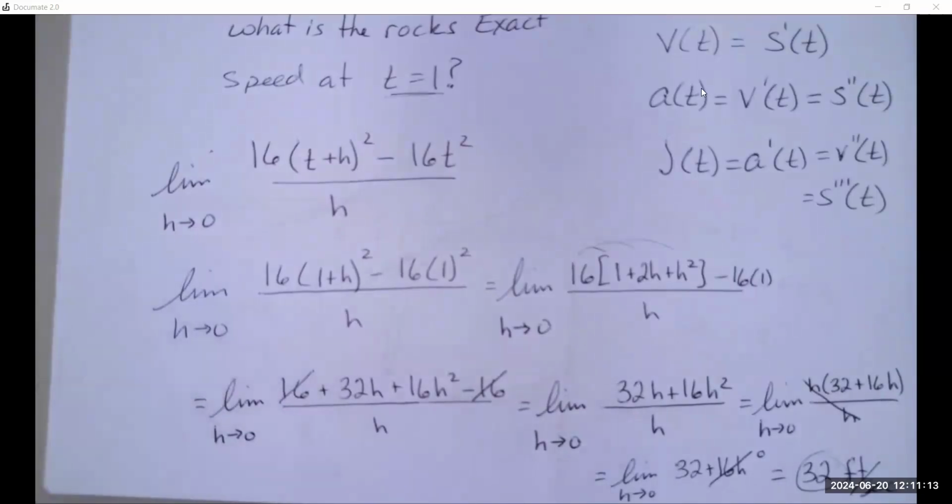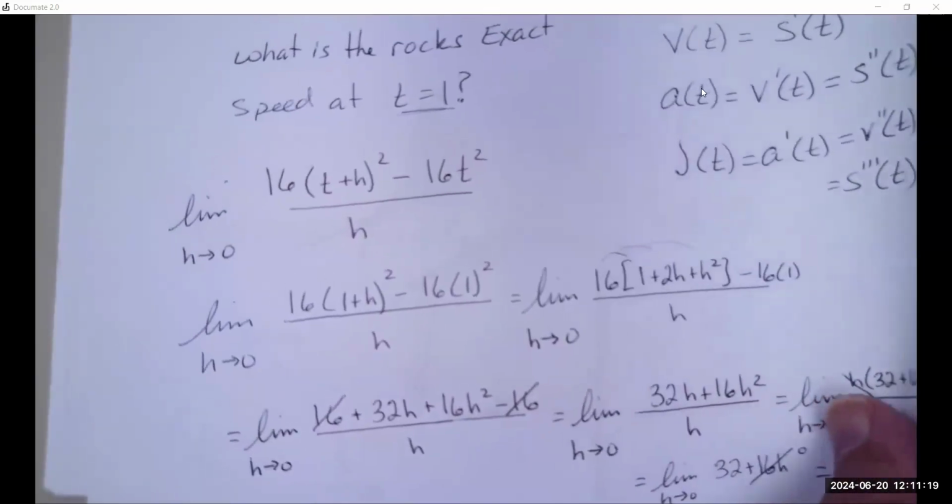So we're using the limit function, the difference quotient, to find the derivative. Now we're going to switch over and find the derivative using formulas. Stop here.